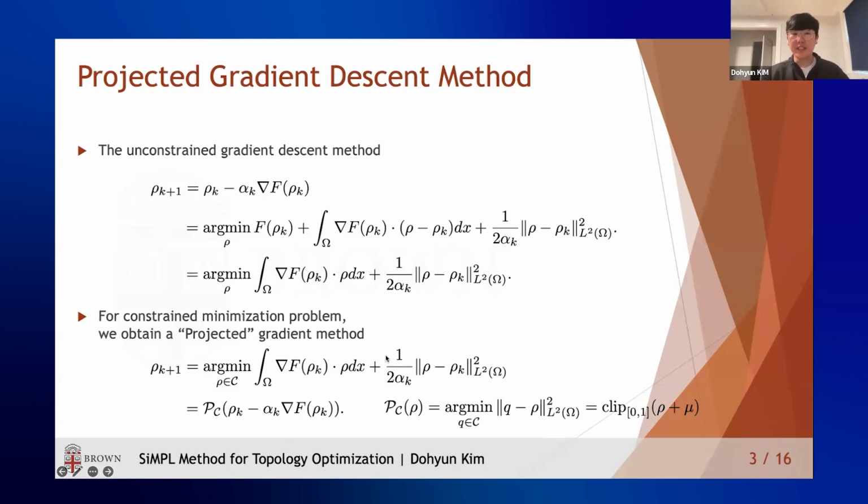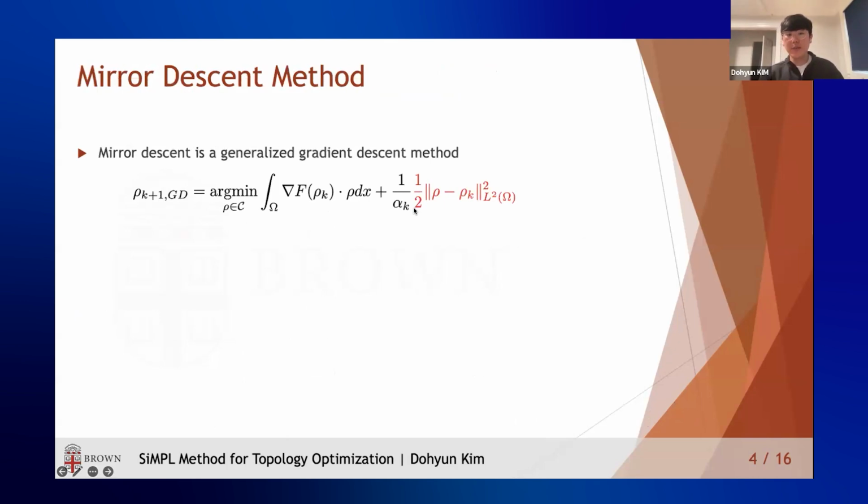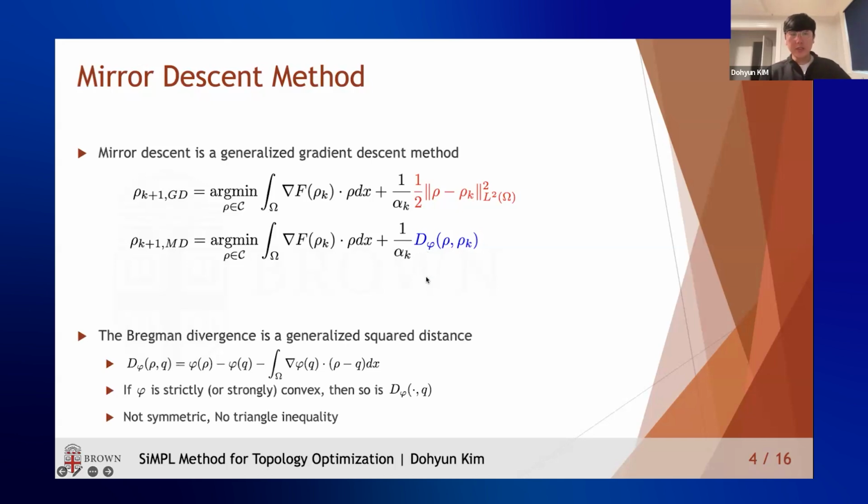The mirror descent method is a generalized version of the gradient descent method. Instead of this L2 regularization term, we replace it with a function D phi, which is called the Bregman divergence. Here we have phi, which is a convex function, and the formula looks like this. For a convex function, given two points where we want to measure the distance, we first put a first order approximation here.